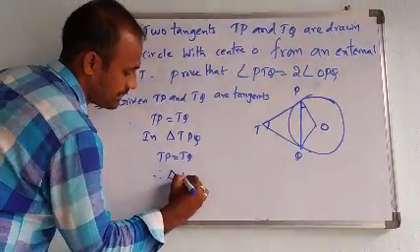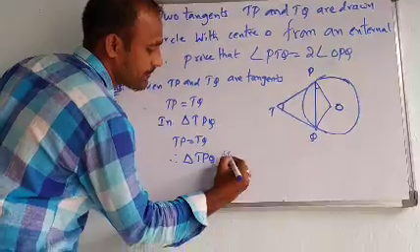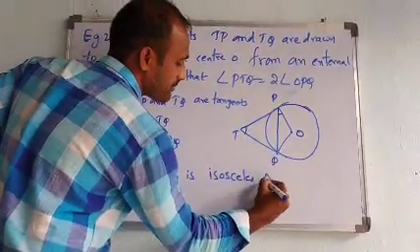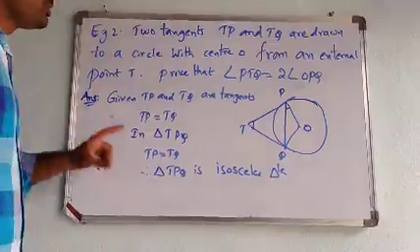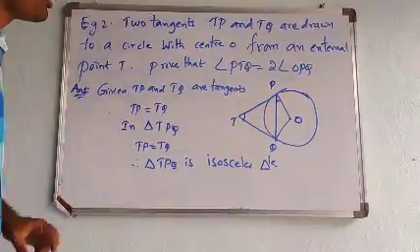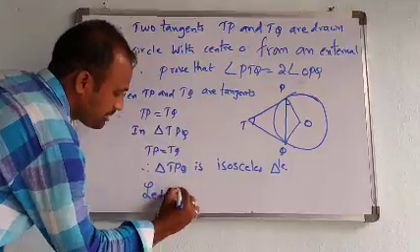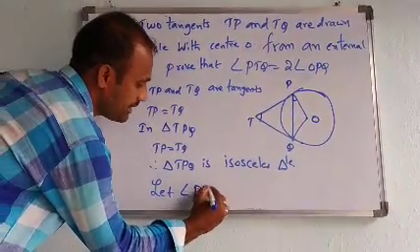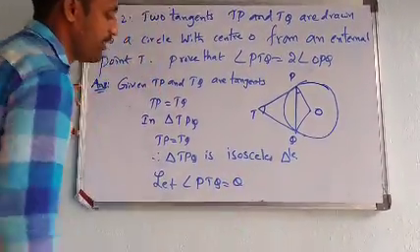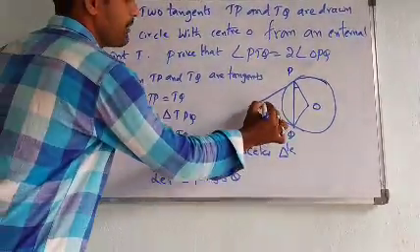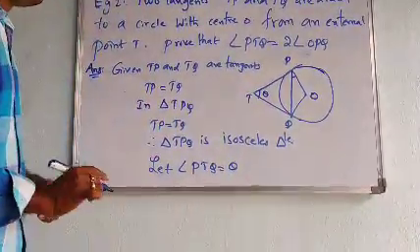Therefore, triangle TPQ is an isosceles triangle, since two sides are equal. Let me assume that angle PTQ is equal to theta.